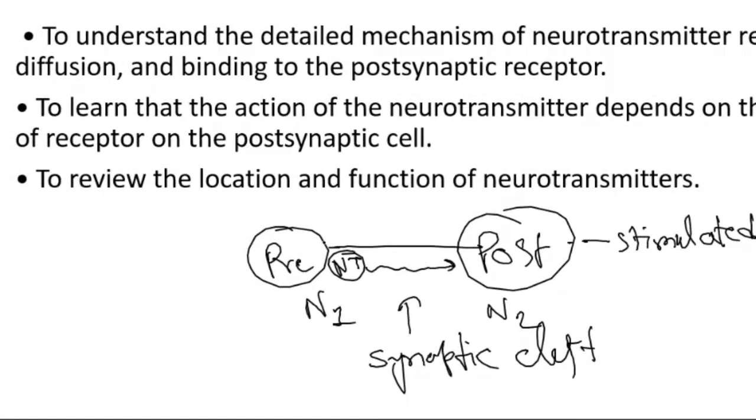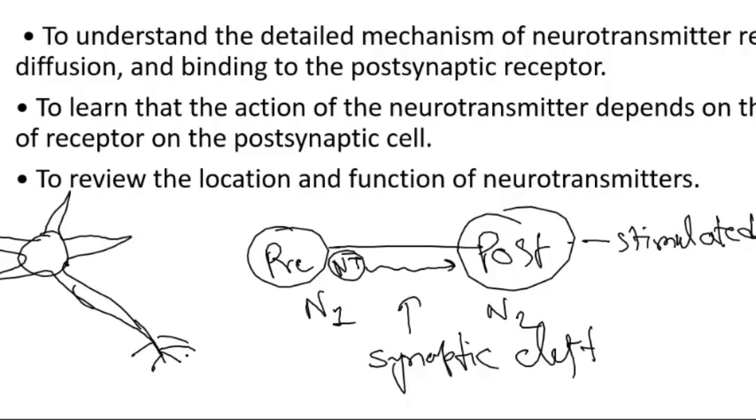Now normally the interaction of neurons works like this. Neurons have a cell body, dendrites are attached to it, and then it has the axon. At the end it has branches, and the next neuron begins with the dendrites. So this junction of neuron-neuron interaction is an axon to dendrite interaction.